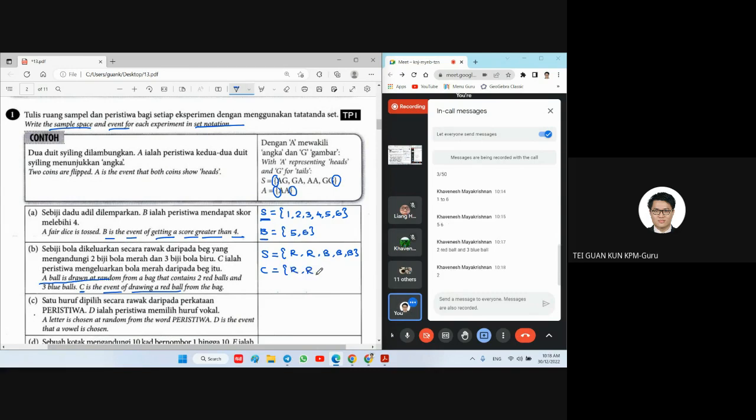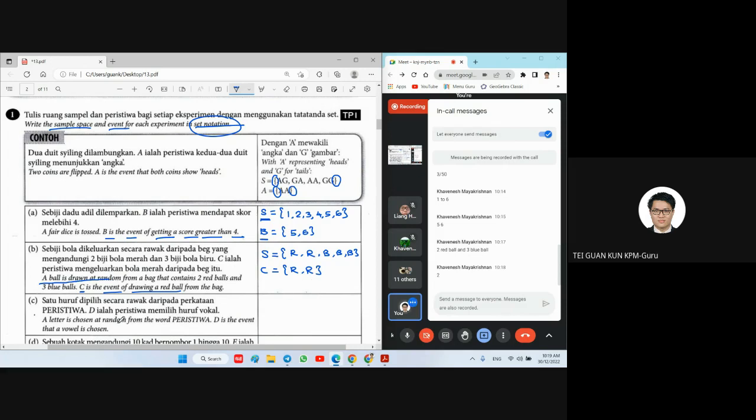So tulislah dua. Cuma jawapan dalam bentuk set notation. Set notation dia ada macam ni lah. Bracket. So kena tulislah. Okay, ada dua lah. Tulislah dua. Red ball. Red.